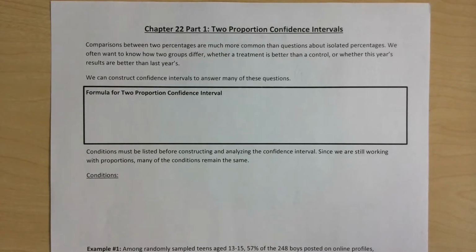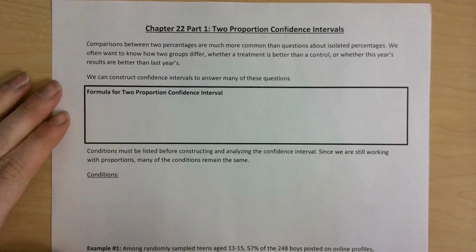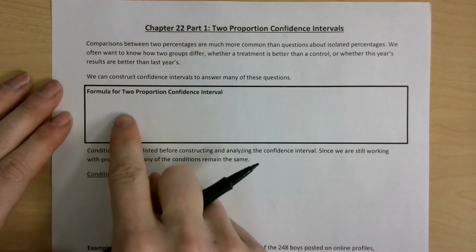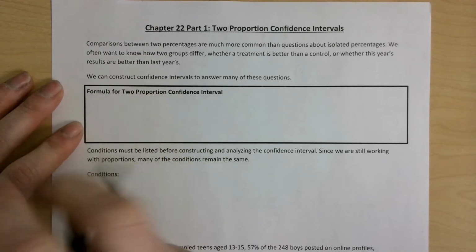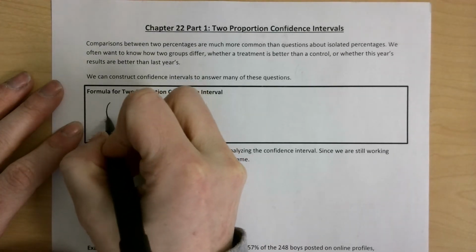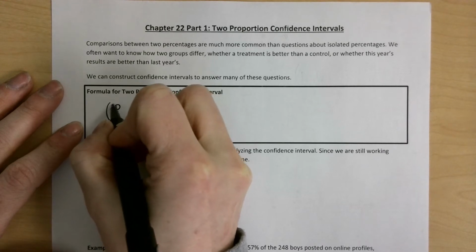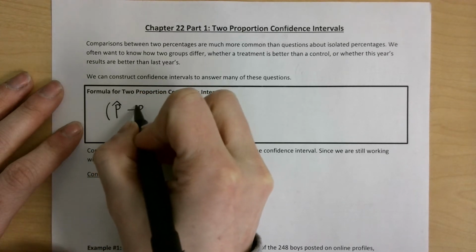It's very common to make these comparisons. So when we're making comparisons, what we're doing is looking at two proportion confidence intervals. I'm going to start by giving you the formula. Typically with our one proportion confidence interval, we'd start with just a p-hat. Now we're looking at two proportions, so we start by finding the difference in these proportions.